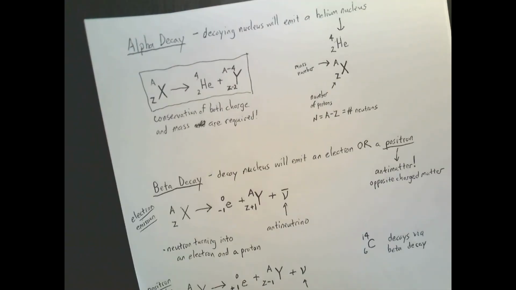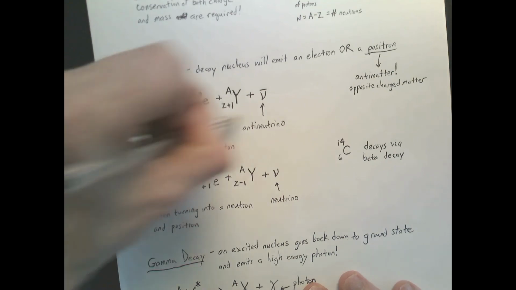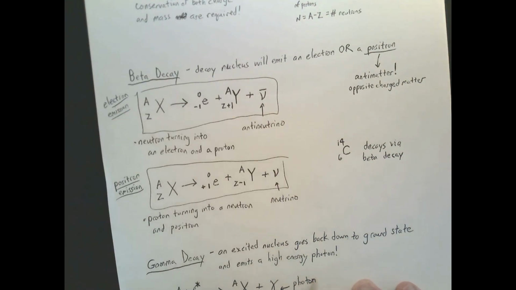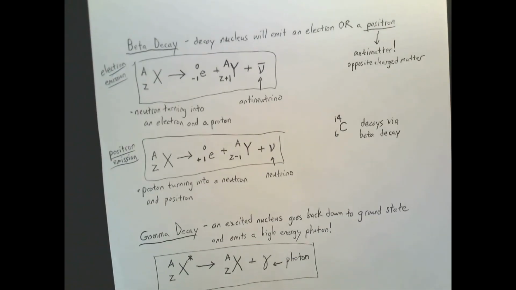So that's our three mechanisms. We have alpha decay, where we emit helium nuclei. Beta decay emits an electron or a positron. And gamma decay, we emit a photon. We can talk briefly about the strengths of these decays and how harmful they are.